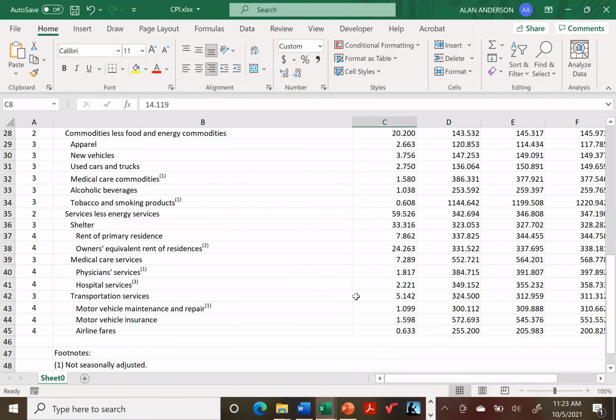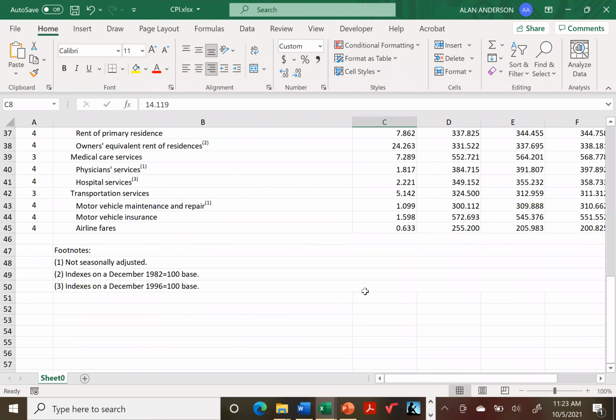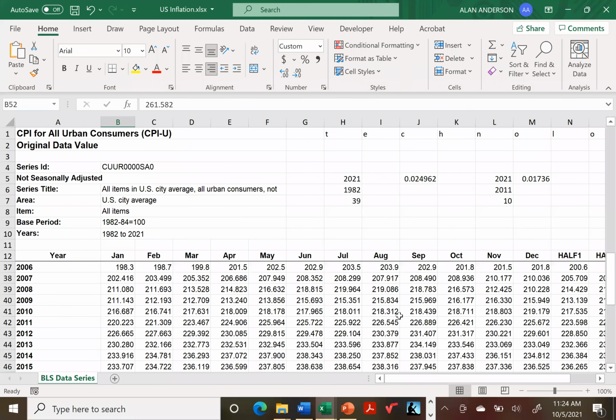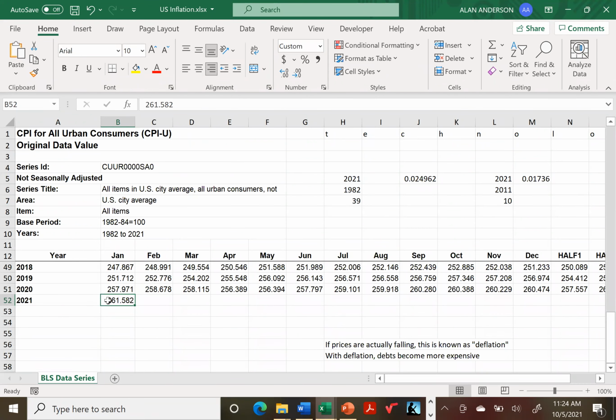And then you adjust it so that we know how much it's changed since the base year. So right here, like I said, the basket, whatever the actual cost is, is about 2.6 times what it was in the base year. And that way we know how much prices have gone up since 1984.